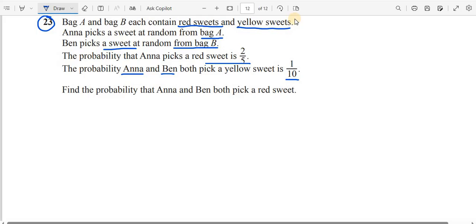So find the probability that Anna and Ben both pick a red sweet.